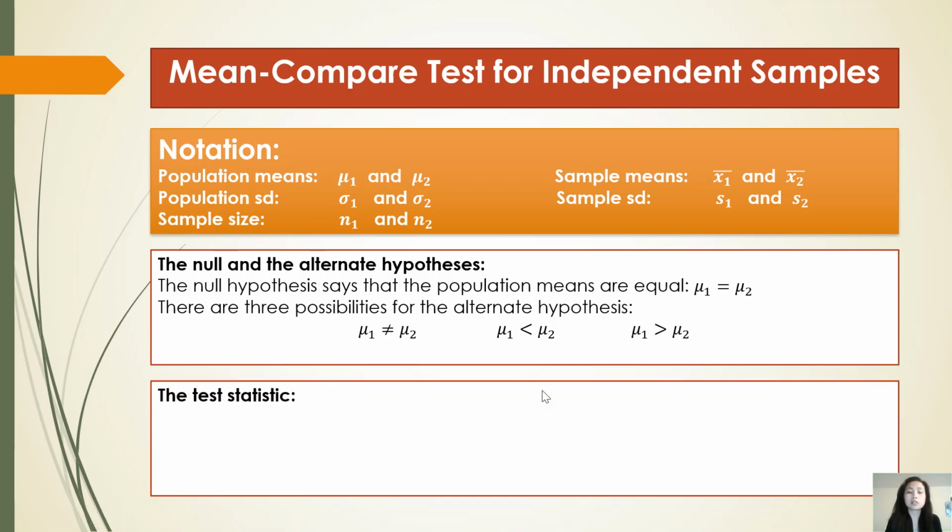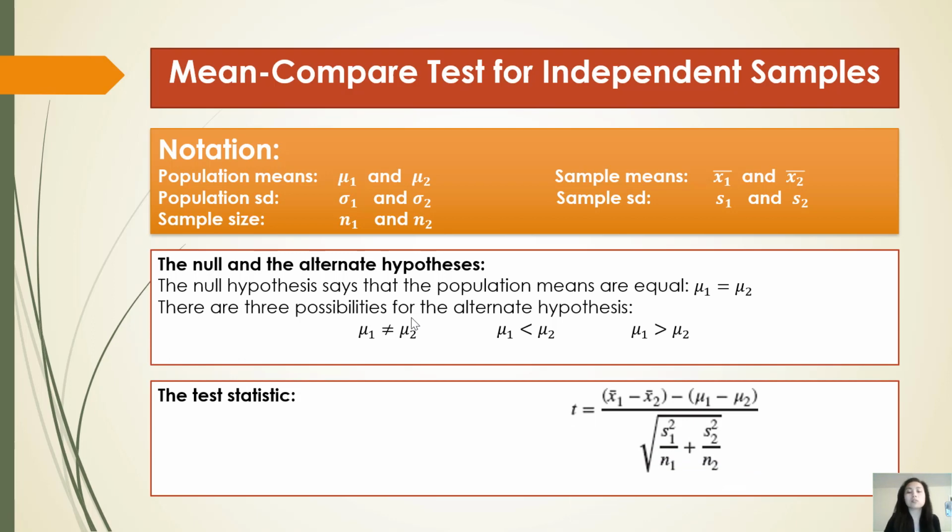When you run a test, the first step is to summarize the question using notation. The second step is to define the hypotheses, the null hypothesis and the alternate hypothesis. And the next step, you have to compute the test statistic. No matter if you are using the critical value or the p-value method, you have to compute the test statistic.